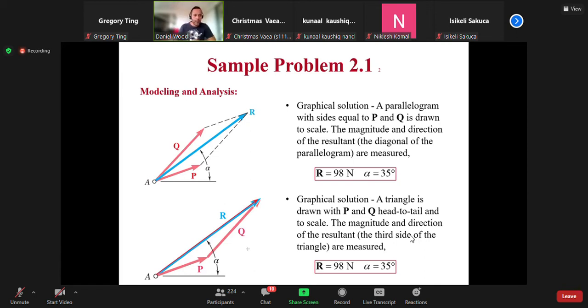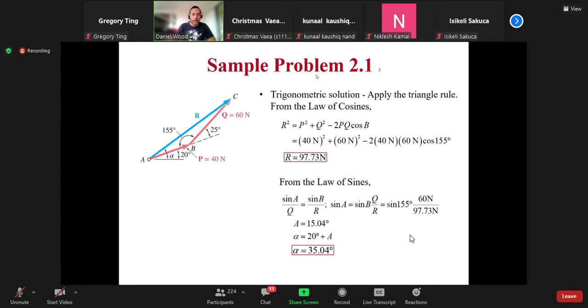Again, if you did it, you'd probably have to get your protractor and measure that angle. That angle, I think, was it 25 degrees? I can't remember. From the previous slide, you'd measure these angles. Once you've got that angle, you can draw a line that is equal to the magnitude of Q. And then when Q ends, I can draw my resultant. So that's the other way to do that.